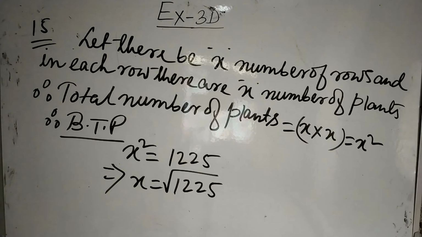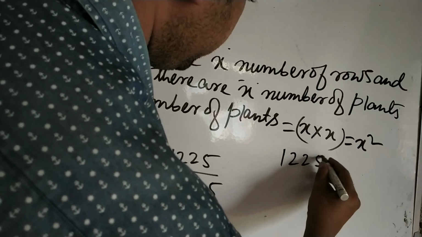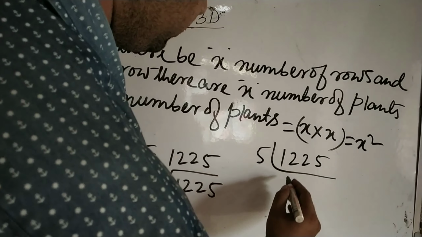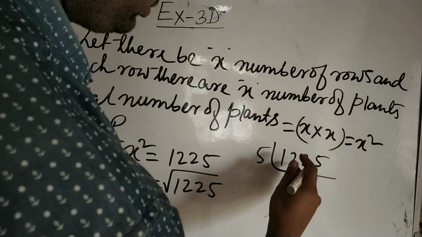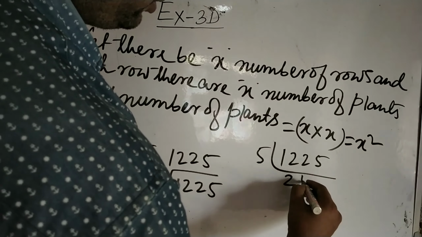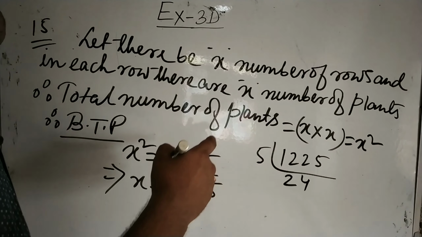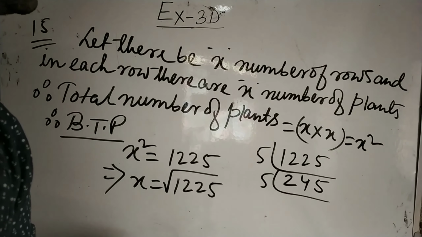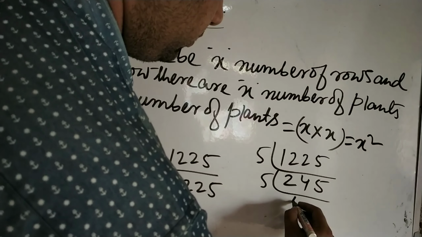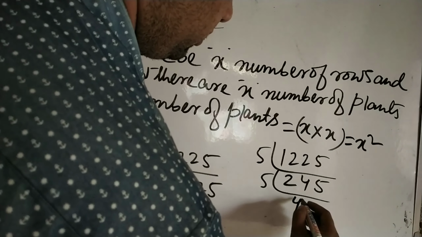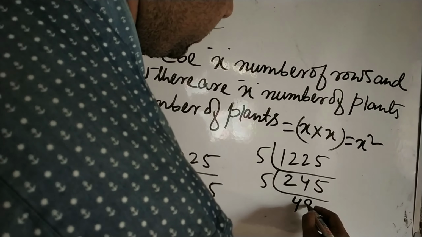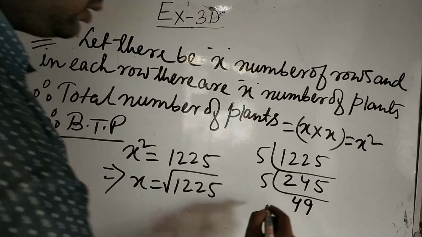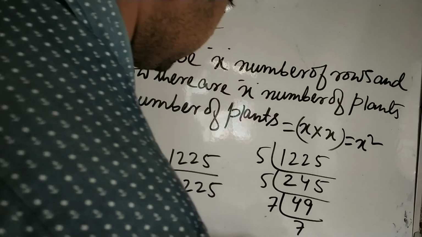You can use the long division method or the prime factorization method, whatever. 1225, 5 5s are 25, then 49, then 5, again 5, 7 7s.